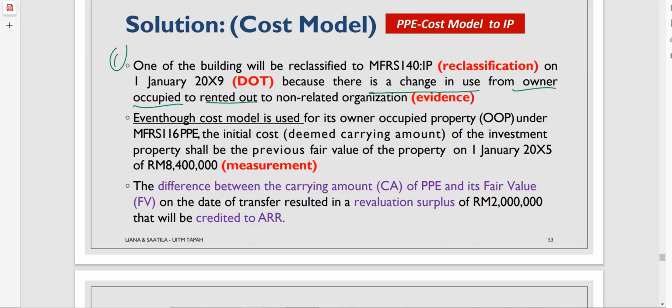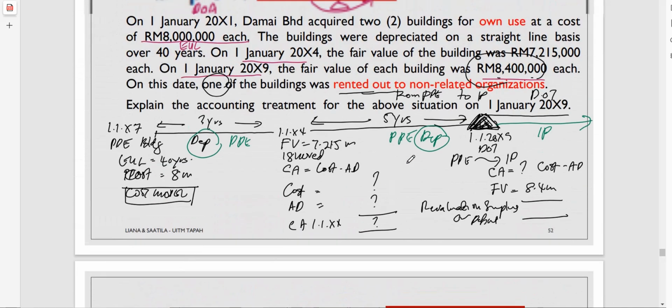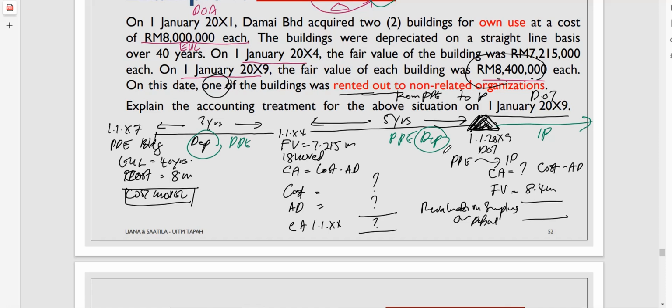The second one is the information about the policy or the cost model. Even though the cost model is used for the owner-occupied property under MFRS 116, the initial cost or the deemed carrying amount of the investment property on the date of transfer shall be the fair value of the property on 1st of January 2000 X9.